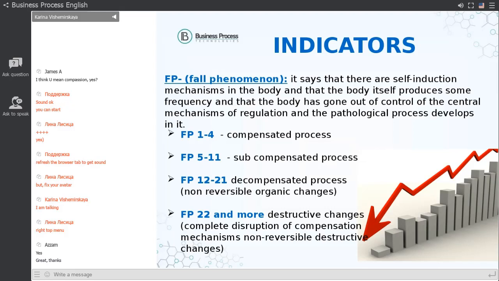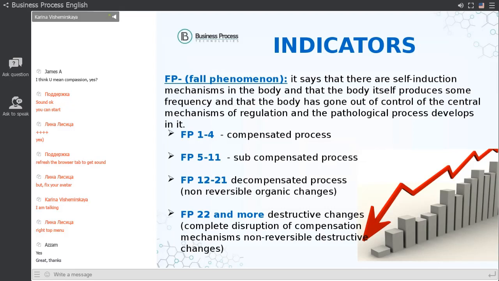What does it mean? If the organism is strong, the compensation for this process may occur, like in the first situation when we have compensated processes. But if the organism is weak, then instead of compensation and recovering, we will go to the 12-21 stage of fall phenomenon, which is called decompensated processes.